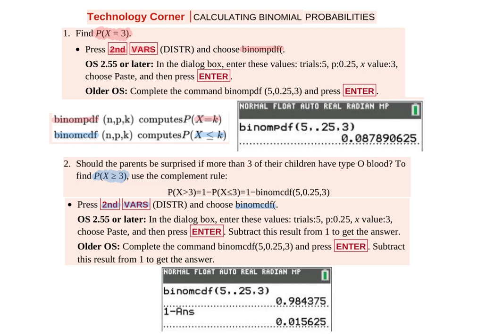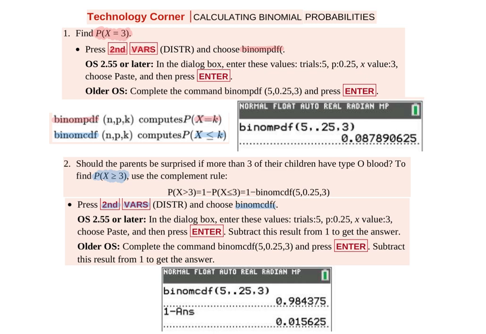And for the second part of that question, where they were wondering about the probability of 4 or 5 of their kids having type O blood, you have to do a little more arithmetic. There's also in that menu binomCDF, and that computes, instead of X equals that particular number of successes, X is less than or equal to that particular number of successes. So remember, we were looking for technically 1 minus P(X less than or equal to 3), so that would have been 4 or 5.